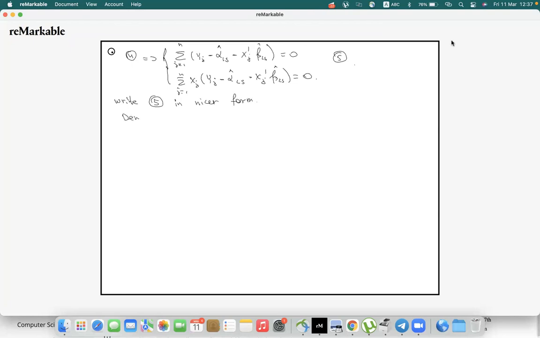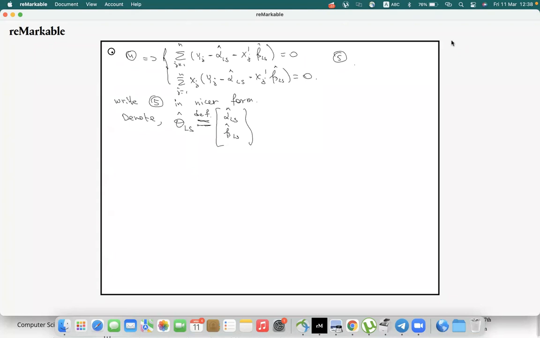For this, denote theta least squares as alpha ls and beta ls, let it be the vector. We defined it. We just stacked alpha and beta in one vector. It's perfect. You don't have any problems, I guess, right?